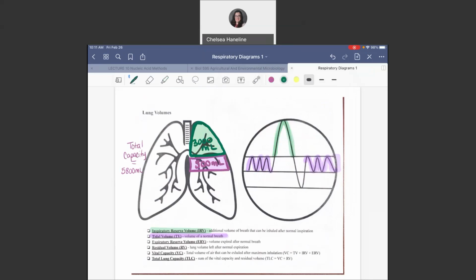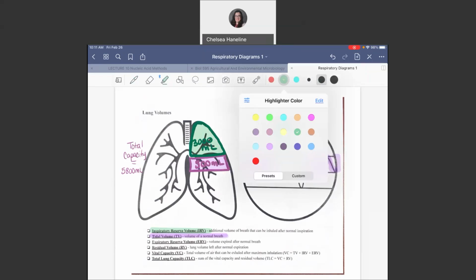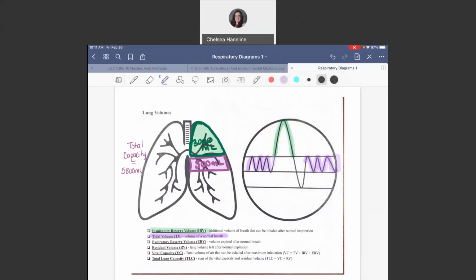Okay. So then we have the opposite of inspiration, which is expiration. I'm going to color these so we remember. With expiration, we also have an expiratory reserve volume. Our expiratory reserve volume is the exact opposite. So it's this region right here. Our expiratory reserve volume is the volume expired after normal breath. So if you breathe out normal and then keep breathing until you push all of your air out, and you breathe the rest of the air out, that is what is considered your expiratory reserve.